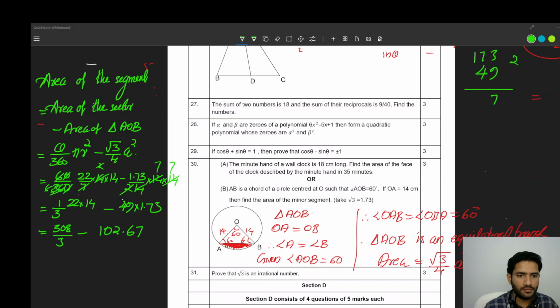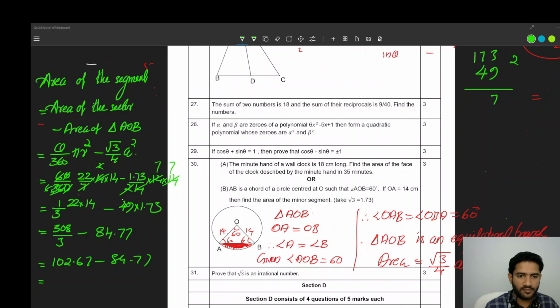So now, sorry, not 102.67, 84.77. It is not 102, 84.77. So this one is 102.67 minus 84.77.